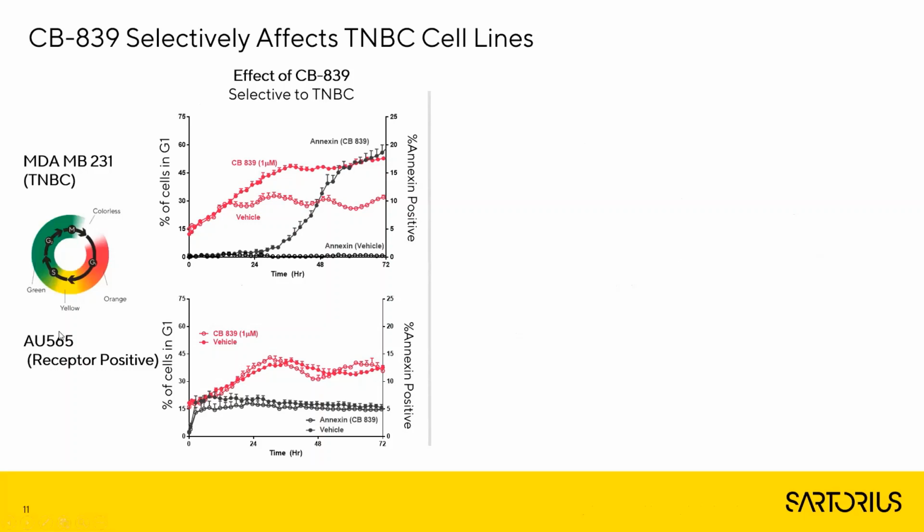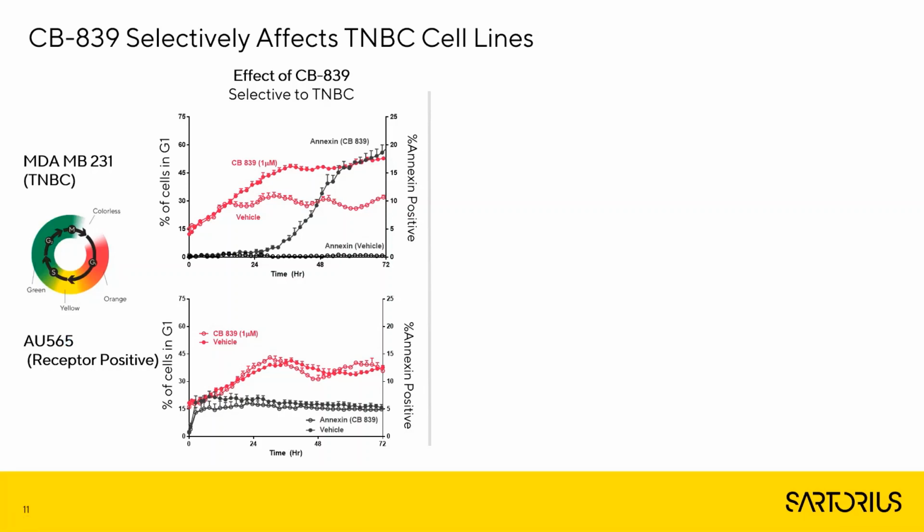As I mentioned before, CB839 is known to be a selective inhibitor of triple-negative breast cancer cell lines as opposed to those that are receptor-positive. So what we did is we took our cell cycle label and we expressed it in MDA MB231 cells as well as in AU565 cells, and looked at the effect of CB839 treatment on cell cycle and proliferation as well as cell death.